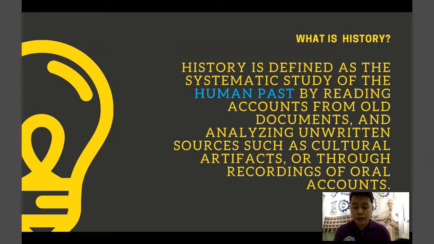Now, the American Historical Association defines history as the never-ending process whereby people seek to understand the past and its meaning. Therefore, history, in many ways, is a way for us to understand ourselves and actually make sense of the world.